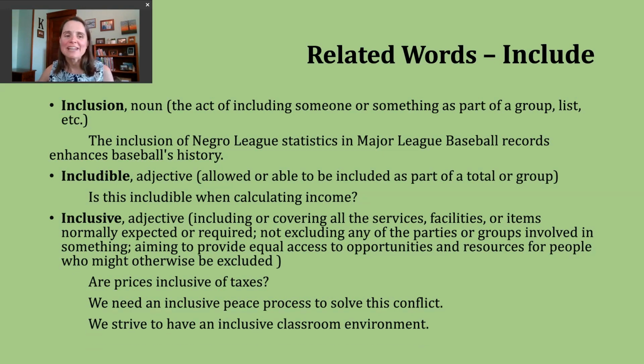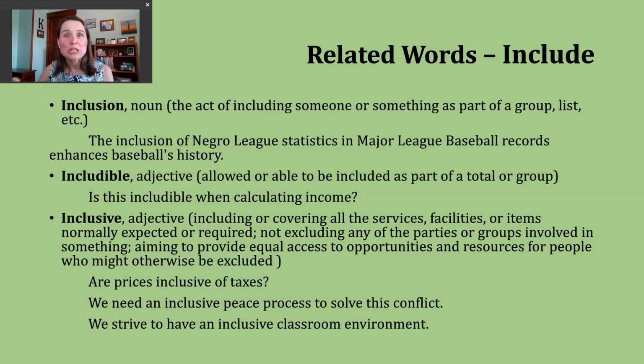So this sentence is saying, right, we can't exclude anyone from finding a peaceful resolution to this problem. A third way to use the adjective inclusive means aiming to provide equal access to opportunities and resources for people who may have previously been excluded.